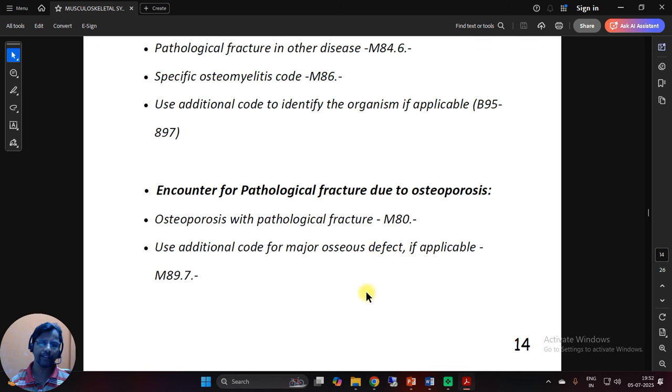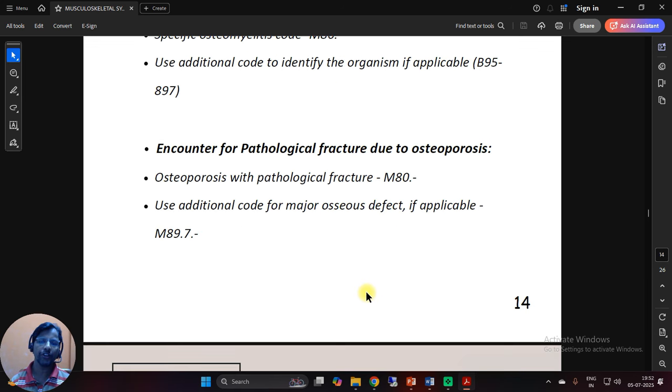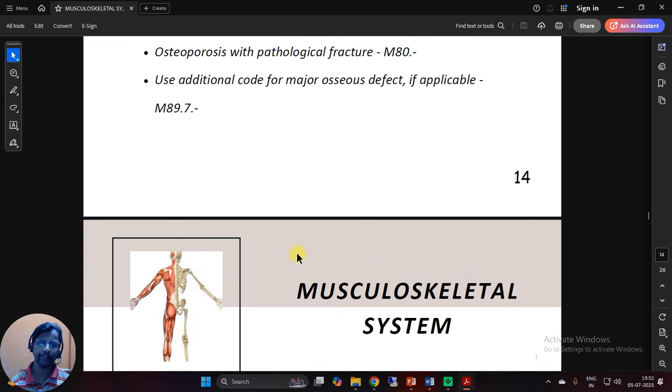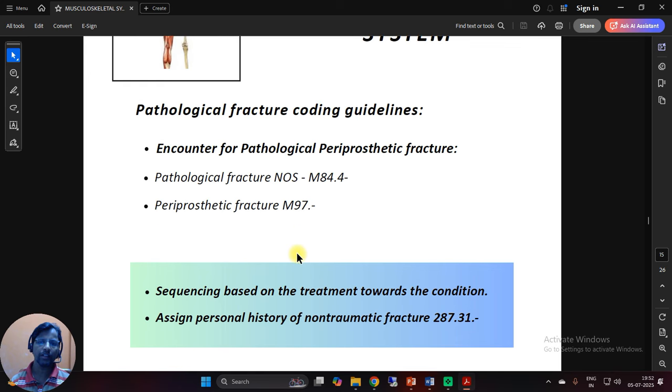B95 to B97 series. How do you code if the patient's encounter is for pathological fracture due to osteoporosis? Osteoporosis with pathological fracture, M80 series. Additionally, you need to use the code for major osseous defect, M89.7 series. Okay. So what are the guidelines here? Encounter for pathological periprosthetic fracture.